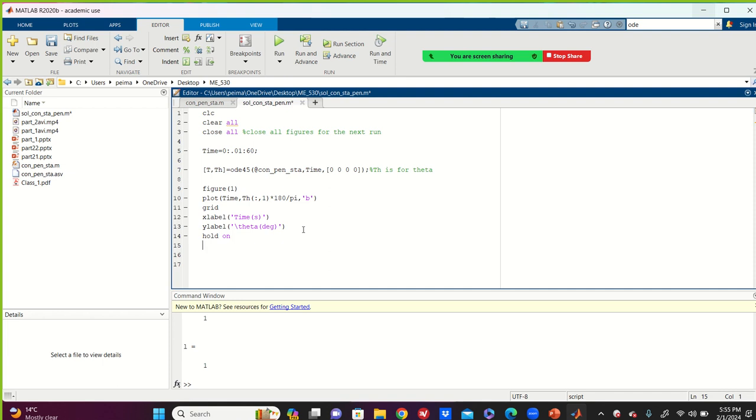MATLAB understands this, I mean I have another plot. So I'm doing it like this because I'm teaching you. Normally I don't do this, okay? I'm going to move it here and here and here. So the third state variable for the linear pendulum is going to be 3. I'm going to say R. Here we go.